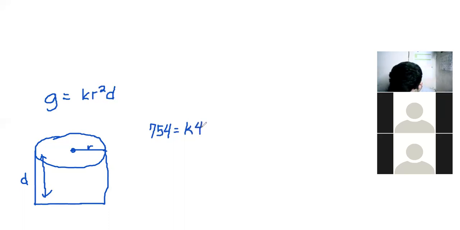Then R is equals to 4, take note, meron siyang square dito. So R lang yung pinalitan natin ng value, ibig sabihin magkakaroon pa tayo ng square dito sa R. So K, 4 square, then multiply din natin siya dito sa ating depth. At ang depth naman niya ay 2. Okay? So, simple lang to.